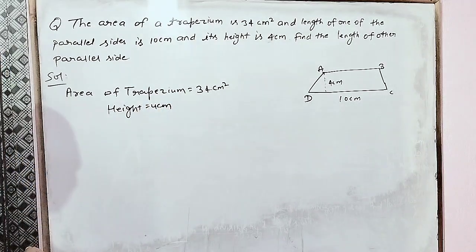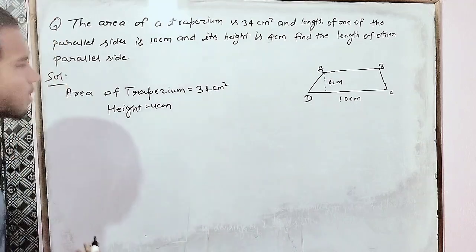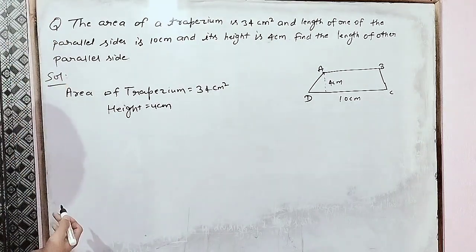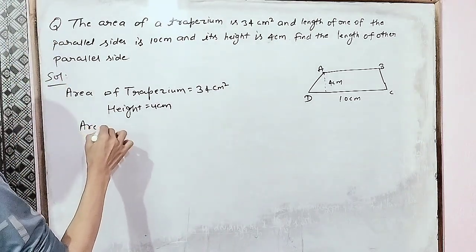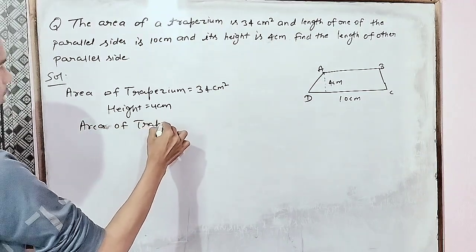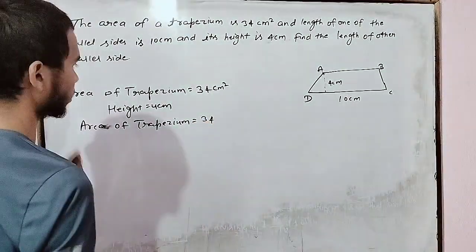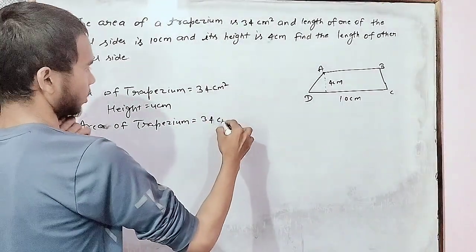Now let's apply the formula of the trapezium. Area of trapezium is 34 centimeter square.